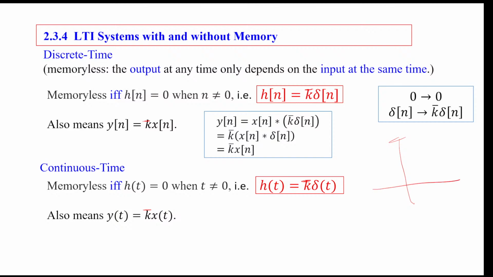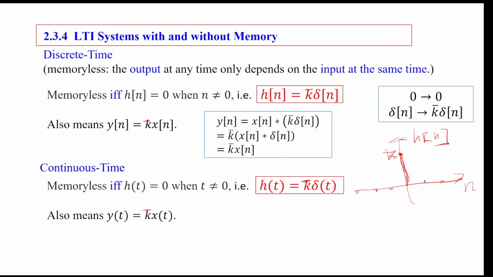So we have n here, and we are saying h[n] should look like this: some height k bar times this delta function, which is non-zero only when n equals 0.